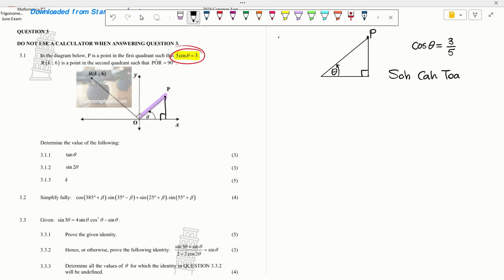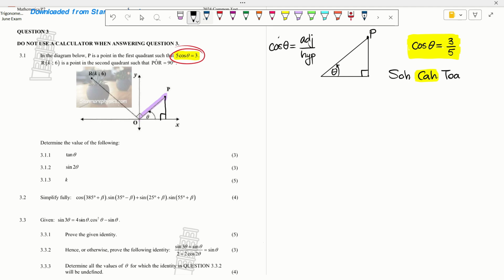Because I have cosine already defined here for me in the question, I just need to focus on the cosine part. This will work for any of these questions if you follow the procedure here. With respect to the angle theta, cosine of theta is equal to adjacent over hypotenuse.